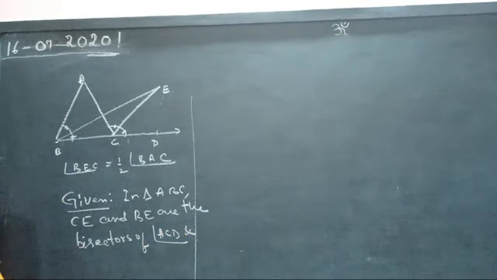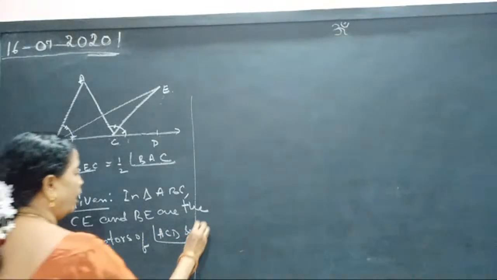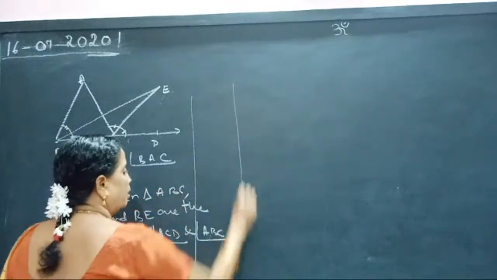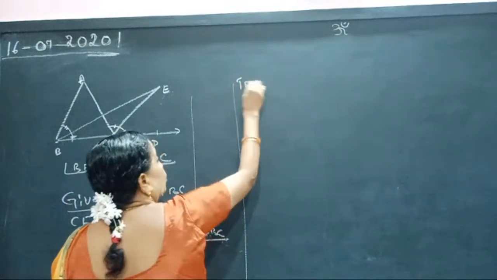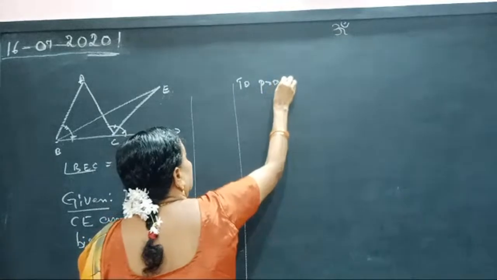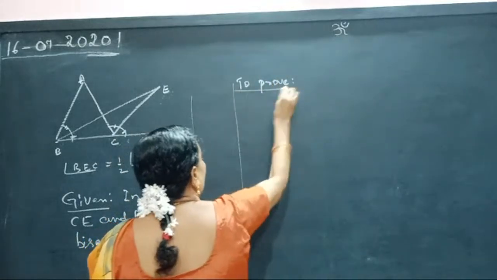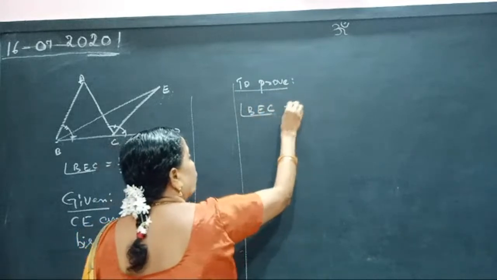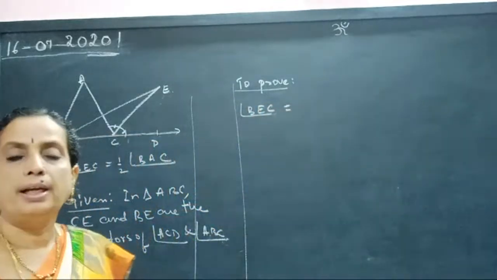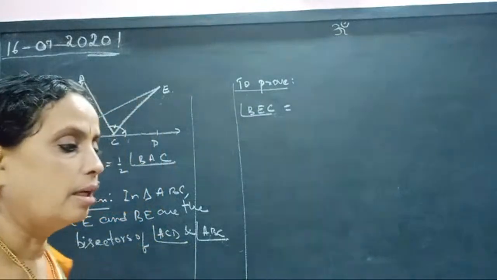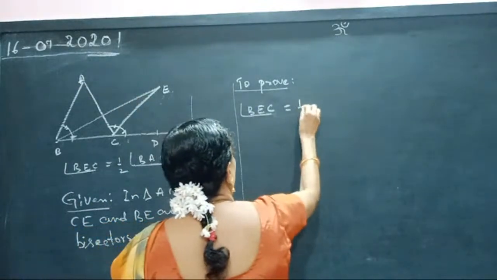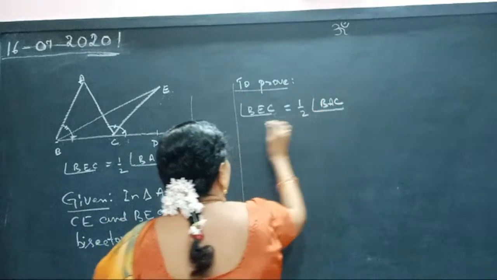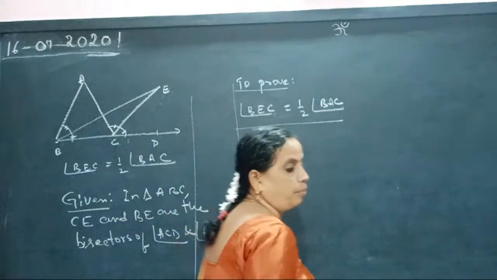Can you see? Next step, to prove. What we have to prove? Angle formed between the bisectors of exterior and interior angles is equal to half of the vertex angle BAC. This is the part we have to prove.